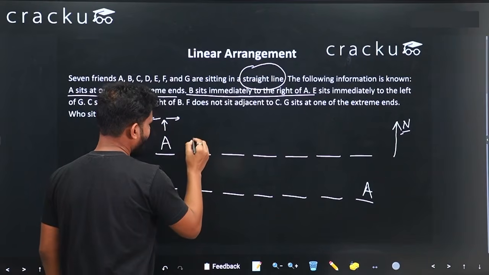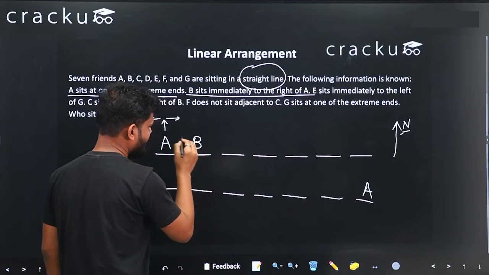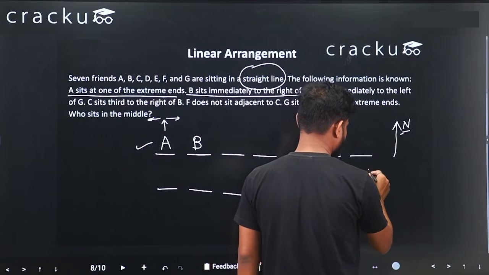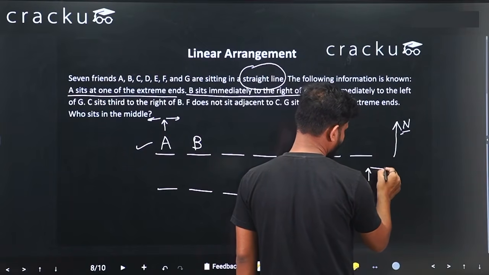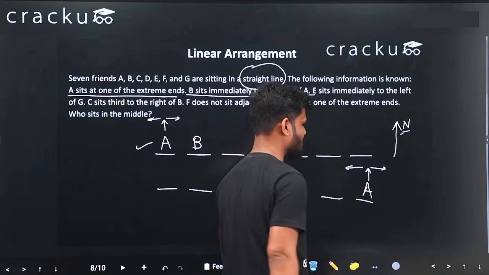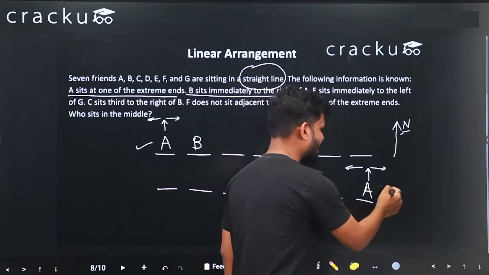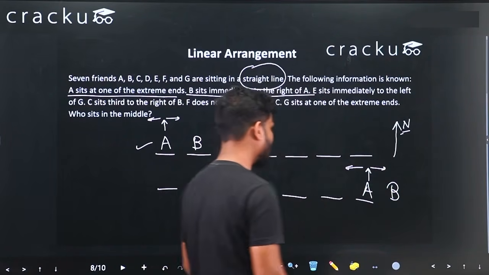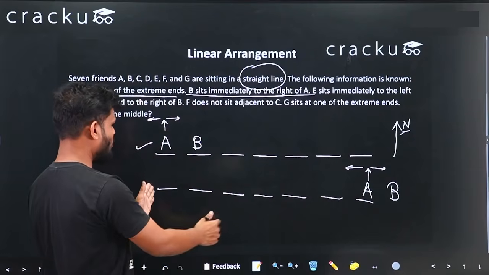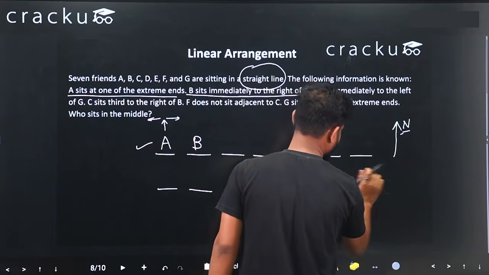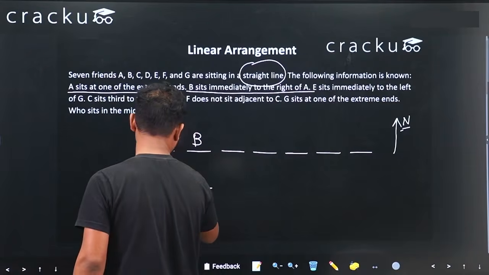Immediate right of A will be this position. So B will sit here in this case. In another case, if you see A is facing north, his right will be this direction, left will be this direction. So if B is sitting to the immediate right of A, I have to place B somewhere here. But I don't have a seat here. I have only this 7 seats. So I cannot place this. So the second arrangement is not correct.